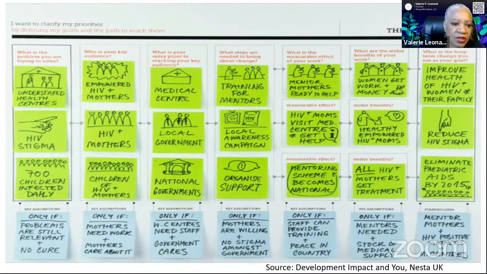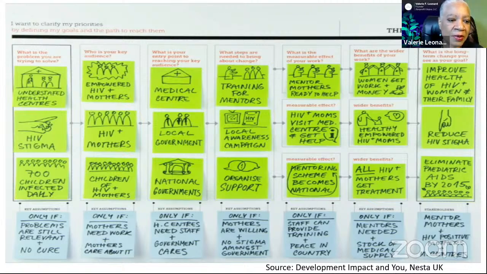All right, so you can see in answer to the question, what's the problem you're trying to solve? And this is an organization that focused on HIV and trying to make sure that they can use people who are impacted by the disease to actually create programs that will help others who are also impacted by the disease.